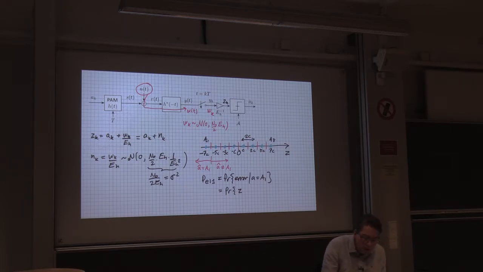That Z is greater than what value? Well, it's greater than the value of the decision boundary, which happens to be at negative 6C.